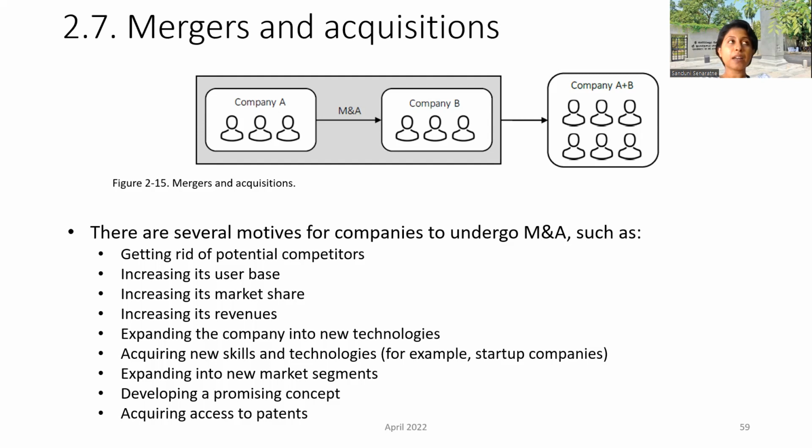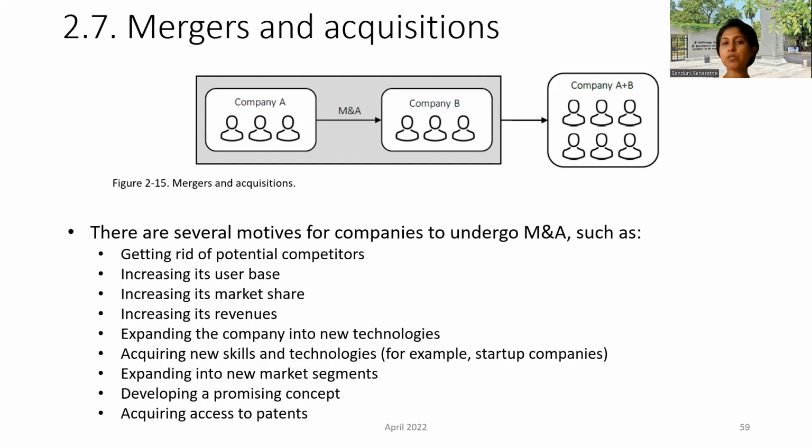Like I mentioned earlier, we can either expand our currently used technological procedures and knowledge by integrating with another company, or we can acquire a completely new set of skills, maybe employee skills. And also new technologies can be acquired, which can be utilized to better serve our customers.